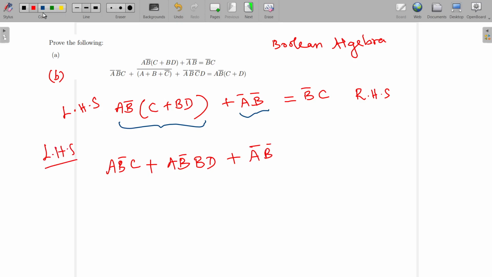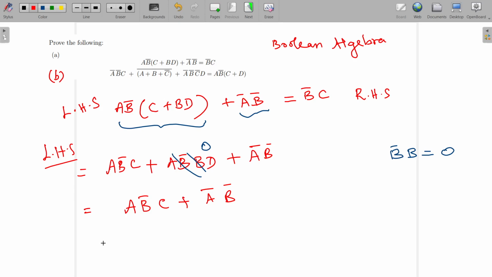In the second term we have B bar B, and B bar B is equal to 0, so this becomes 0. You get only two terms here: A B bar C plus A bar B bar.